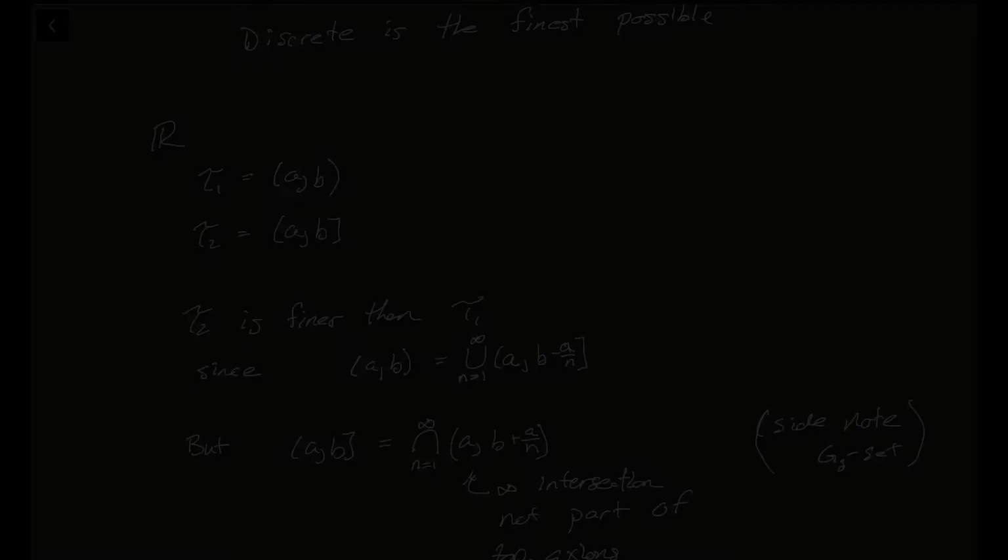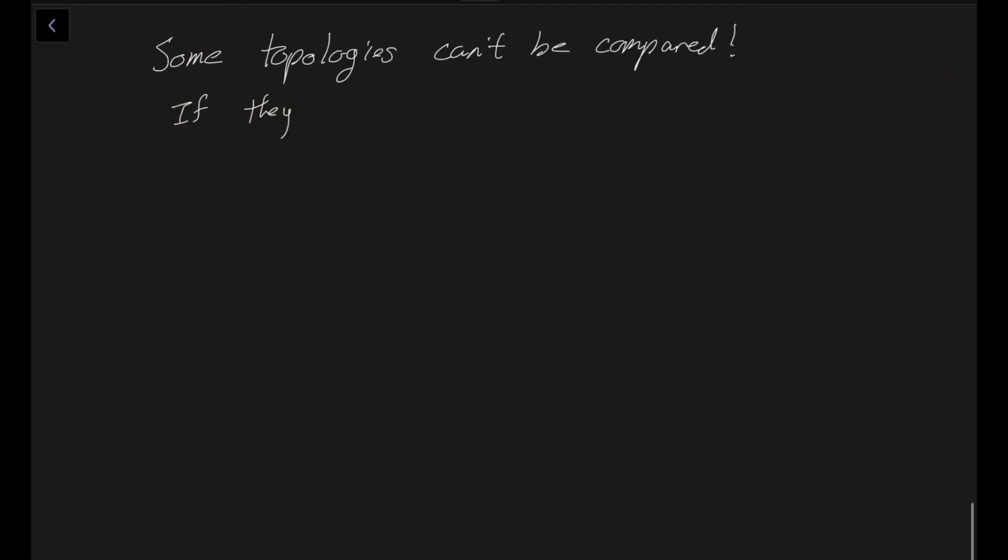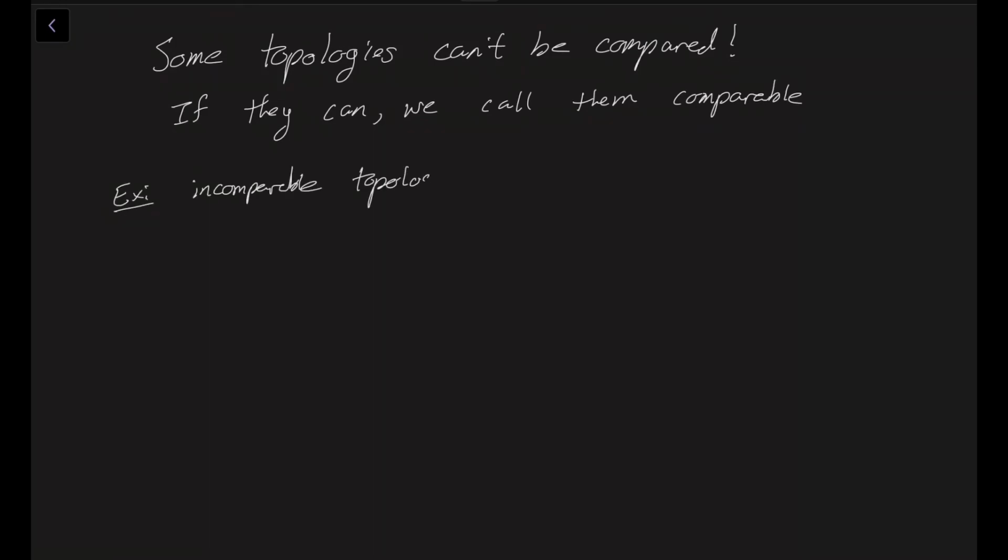I made a remark that some topologies can be compared, which means that some topologies can't be compared. So if we can compare them, we call them comparable. But let's look at an example where they can't be compared. Let's take as our set X the three-element set a, b, and c.